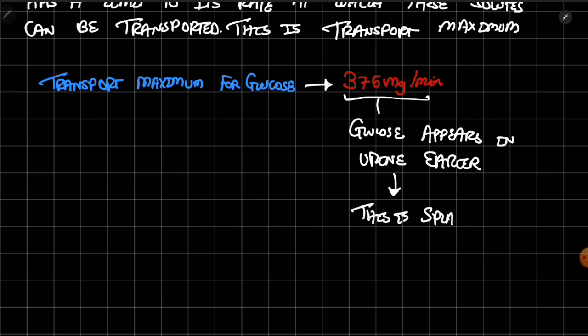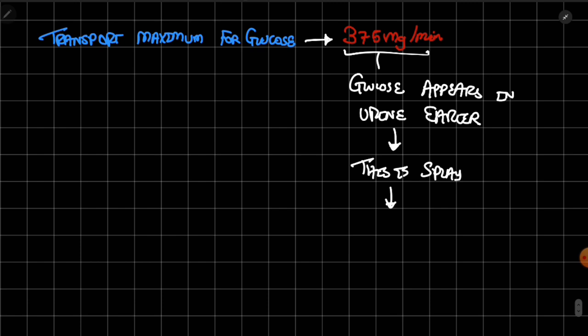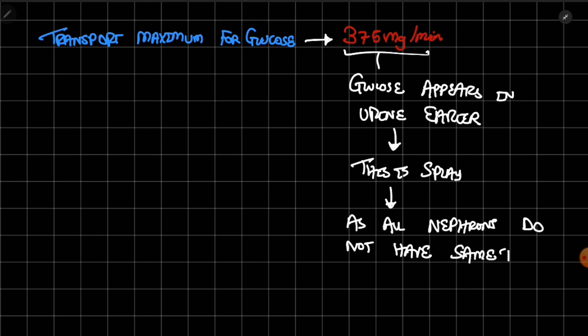It occurs because not all nephrons have the same threshold and transport maximum. So the overall transport maximum and threshold decrease.